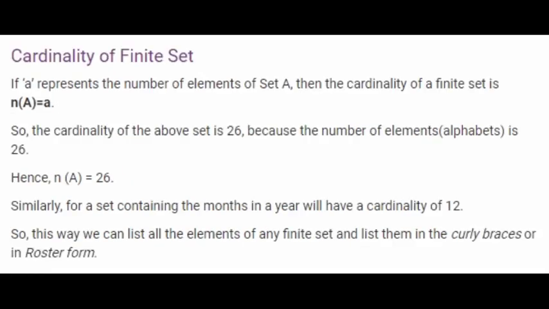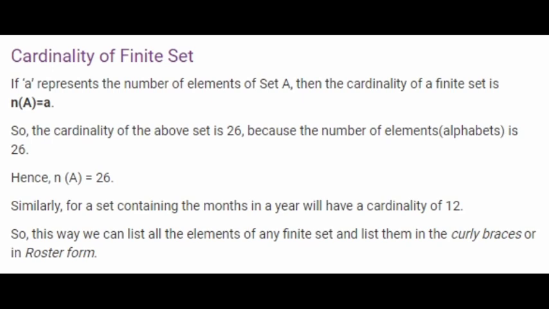Now let's talk about the cardinality of a finite set. If n of A represents the number of elements of set A, the cardinality of a finite set is n of A equals a number. So the cardinality of the above set is 26 because the number of letters in the alphabet is 26.